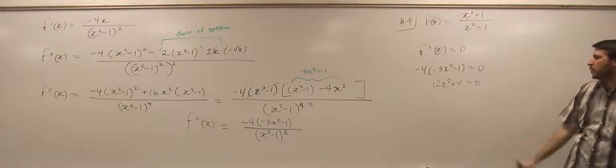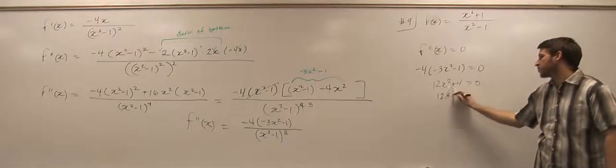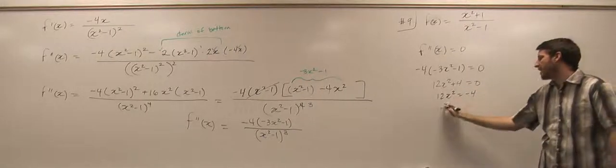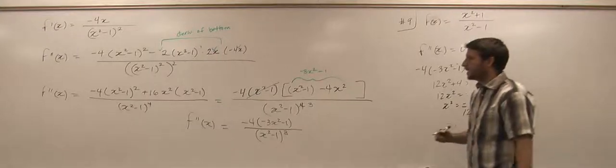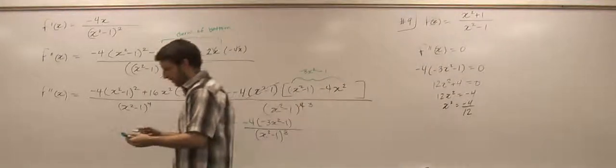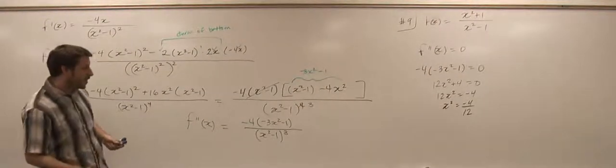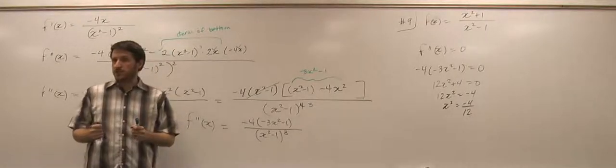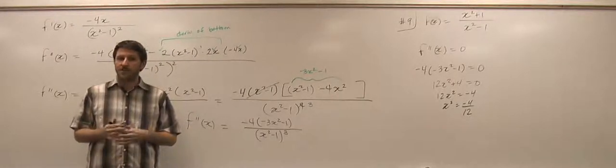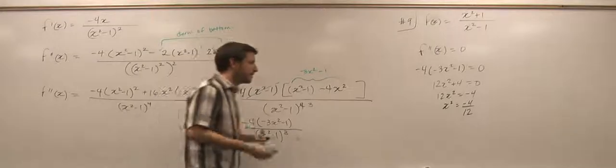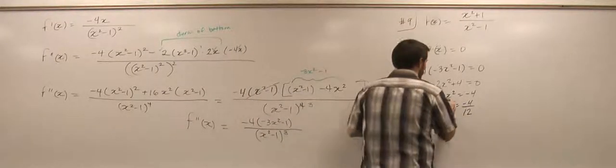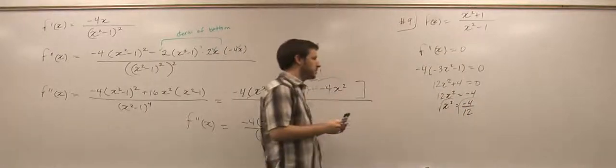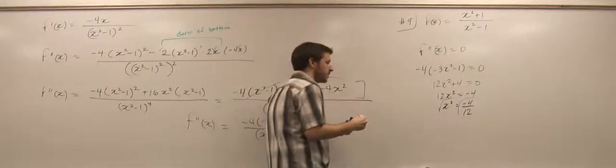So then you subtract the 4 over. 12x squared equals negative 4. x squared equals negative 4 over 12. What's that mean? Negative 1/3, but when you square root both sides, imaginary, right? Because it's negative. So when you drop that square root in, you're not going to get any critical numbers for this part, because you don't have any real solutions.